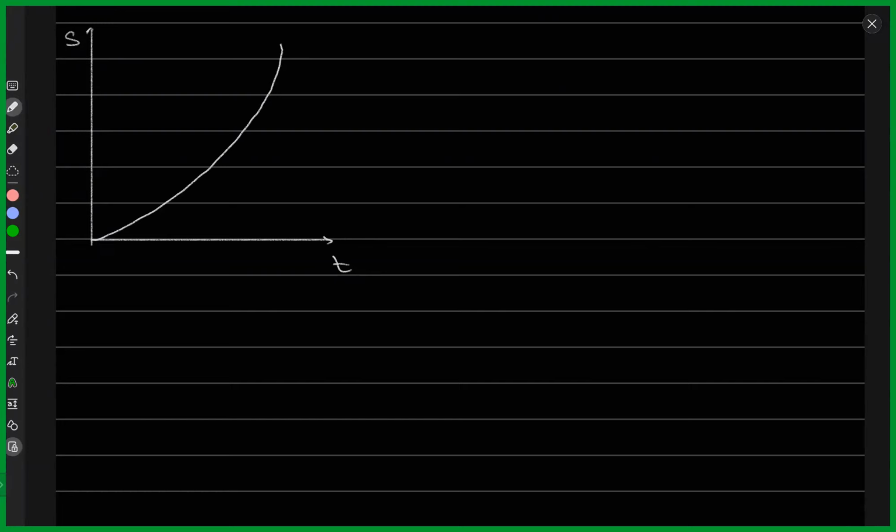The object is moving faster as time goes on. Right, exactly. So the slope in this case is calculated by taking a point on this curve and drawing a tangent to that point, which means this line should be only touching this point.